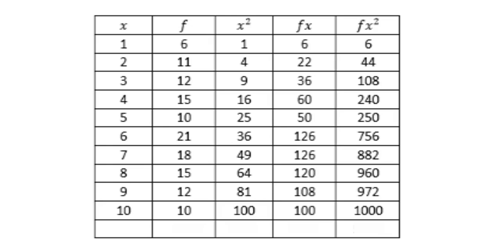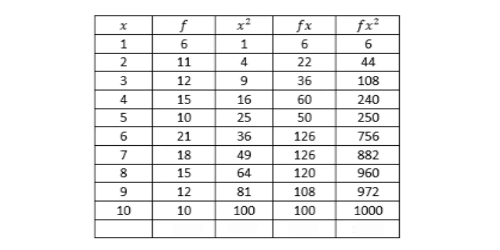The next is 240, then 250, then 756. That's from 21 multiplied by 36, which is 756. Then 18 by 49 is 882. 15 times 64 is 960.